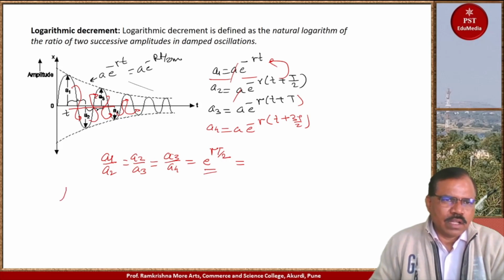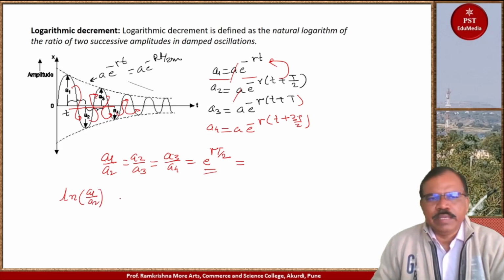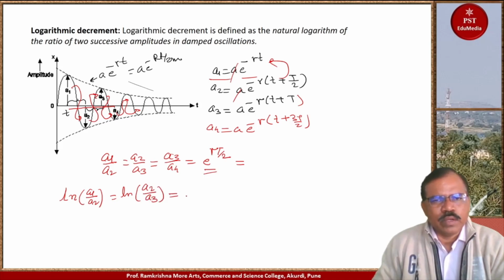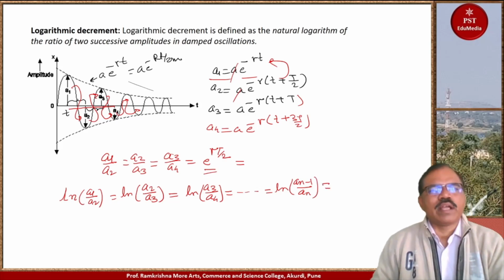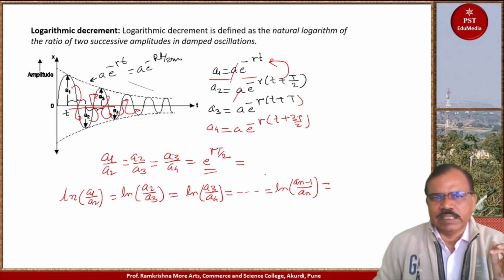And if we take natural logarithm, ln a1 upon a2 will be equal to ln a2 upon a3, will be equal to ln a3 upon a4 and so on. You can go up to what? ln a(n minus 1) upon a(n). So natural logarithm of ratio of successive amplitudes.